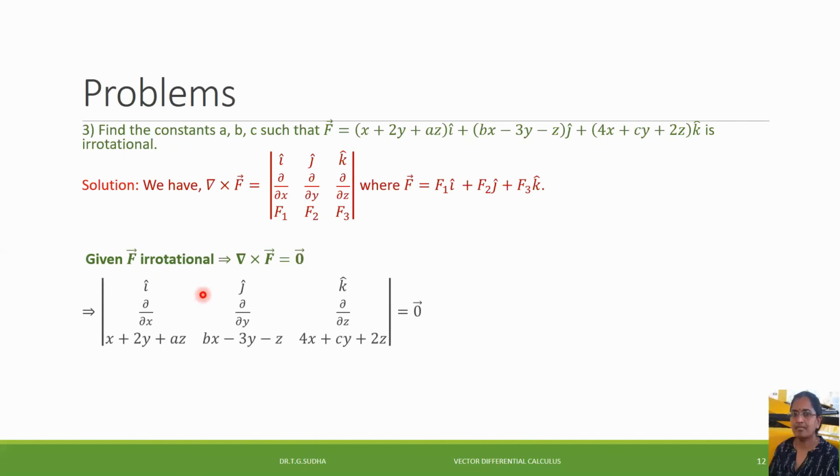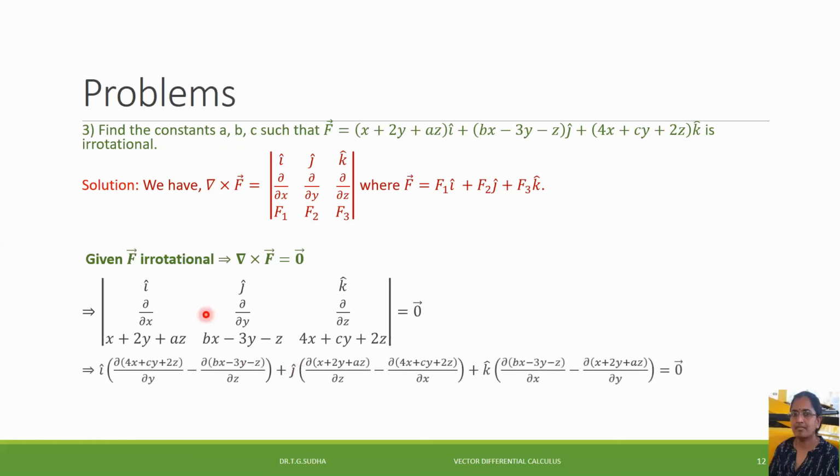So when I write for del cross F, I get this determinant: i, j, k; ∂/∂x, ∂/∂y, ∂/∂z; and in the third row, the components of the given vector field, that is x + 2y + az, bx − 3y − z, 4x + cy + 2z, and that is equal to the 0 vector. Now let us evaluate the left hand side. So that is i into [∂/∂y of (4x + cy + 2z) − ∂/∂z of (bx − 3y − z)].